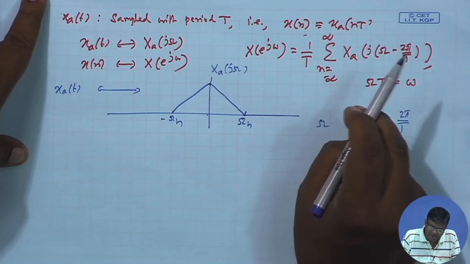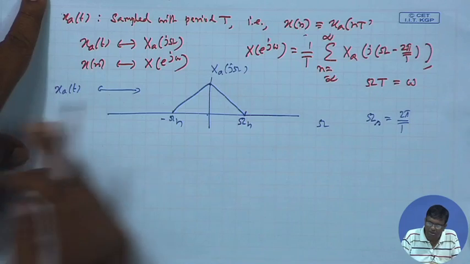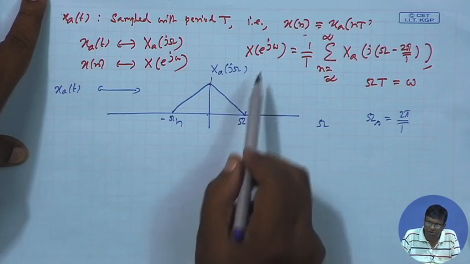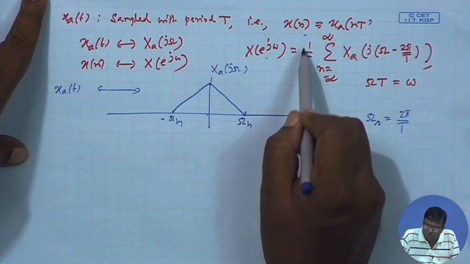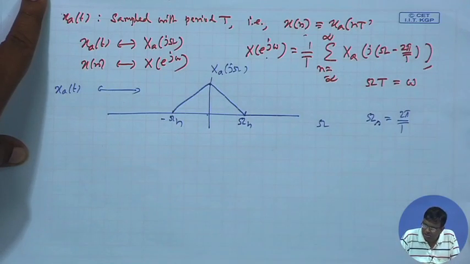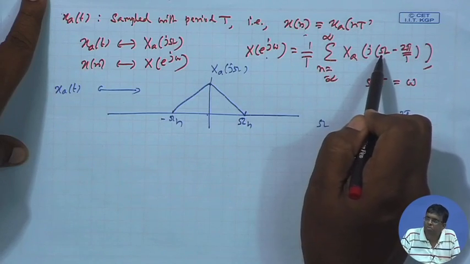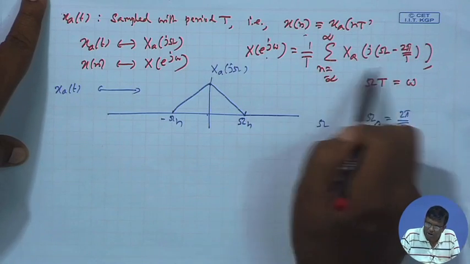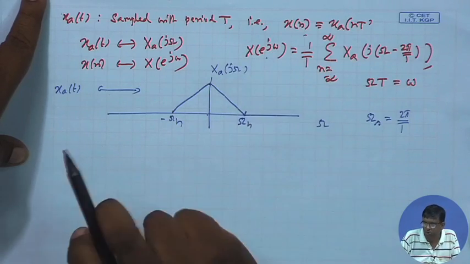In that case, what is the DTFT of that sequence? That is, after sampling I am getting a sequence, I have to find out the DTFT. So, I have to use this formula, of which 1 by T is a scale factor. So, I am not bothered about this, I will only consider this. So, first I plot right hand side as a function of capital omega, then I have to finally plot it as a function of small omega, because I want the DTFT to be a function of small omega.